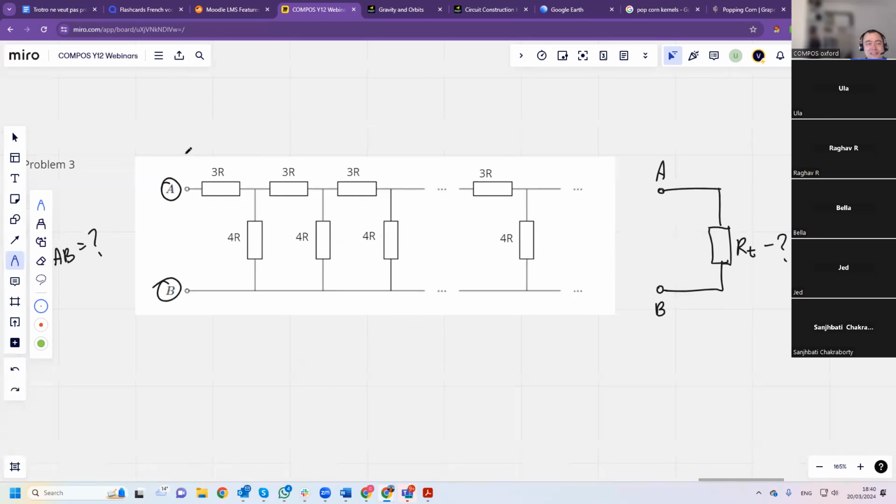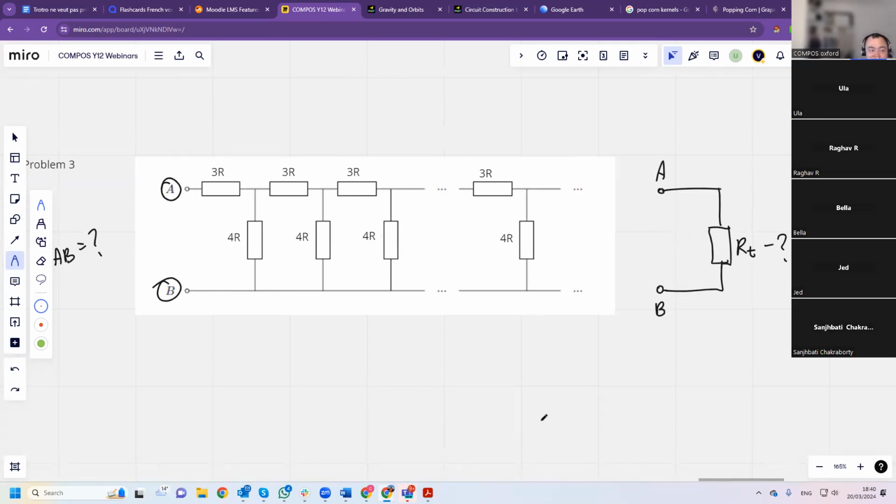It would cost infinity pounds, and it will take forever to make. So it doesn't make any sense. The question is, what is the total resistance of this system? In other words, what is the single resistor that you can use to replace the whole system with?